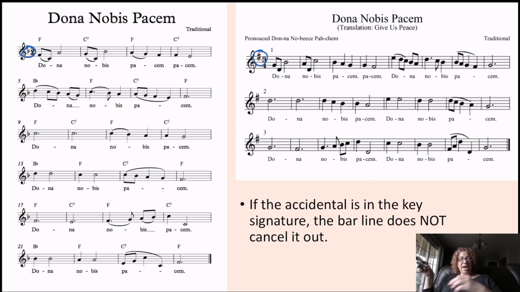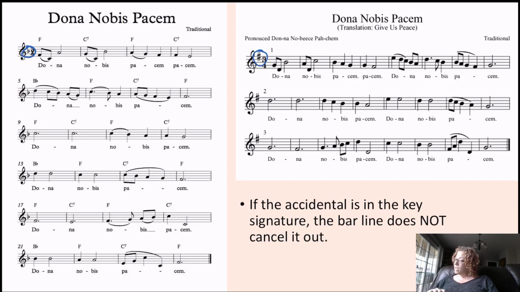So if I get out my handy dandy iPhone keyboard, which is a little sad, I get it. So let's see. Ooh, too high, too low. There it is. So the first one is do, non, no, bis, right? Pacem, pacem.